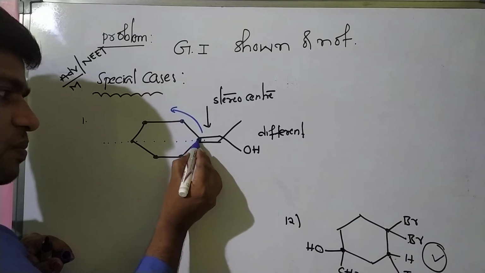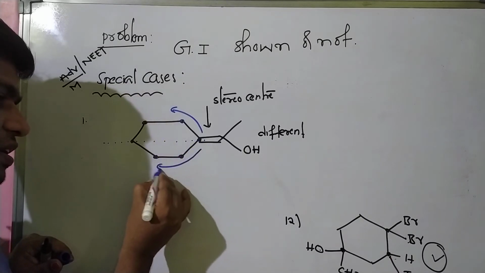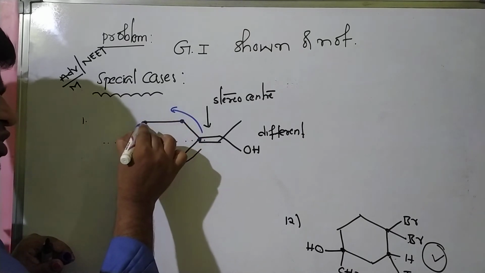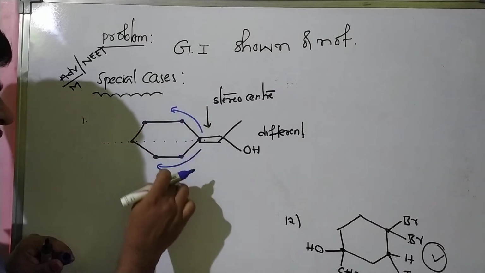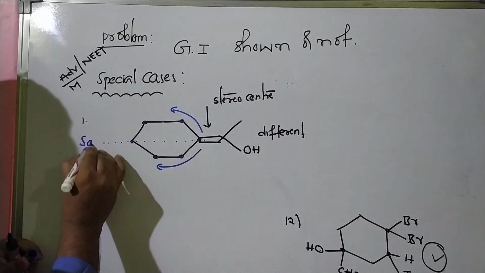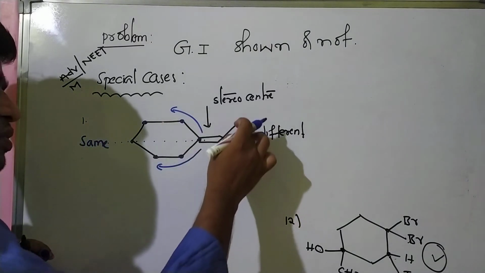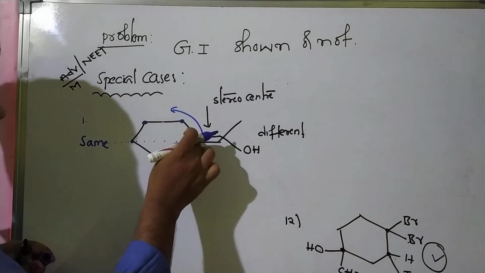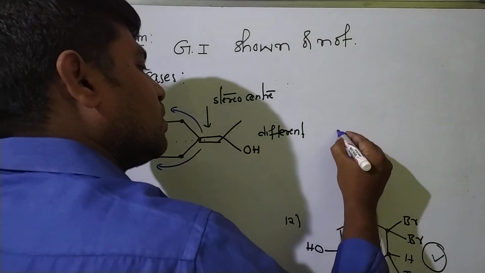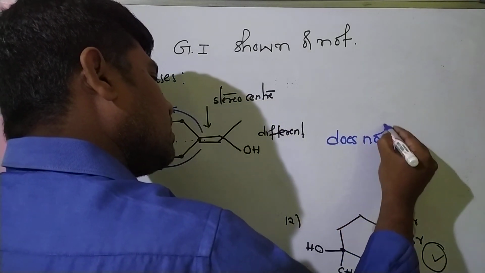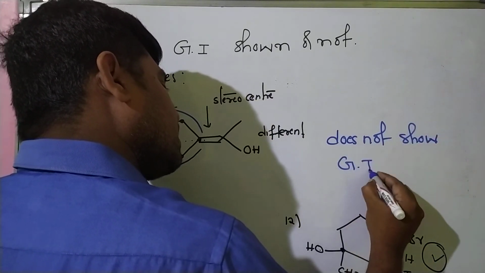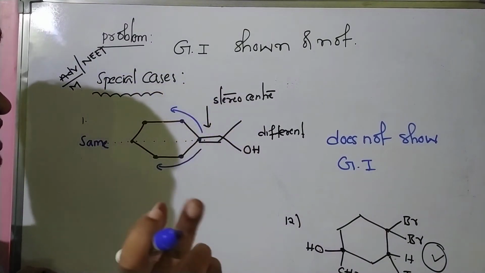With respect to this double bond carbon, in this direction CH2, CH2, CH2. In this direction also CH2, CH2, means either side with respect to this double bond carbon, the groups are same. Of course, these two groups are different, but this side the groups are same. So this compound does not show geometrical isomerism.